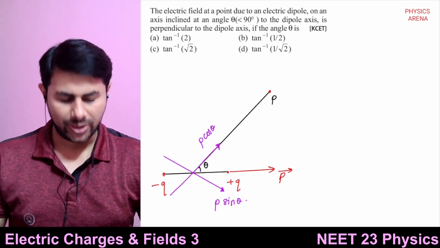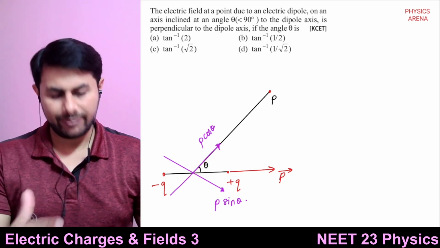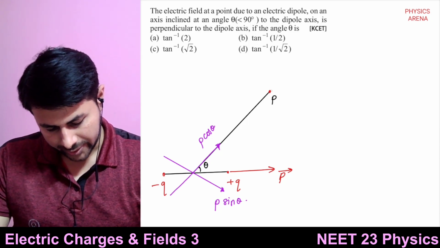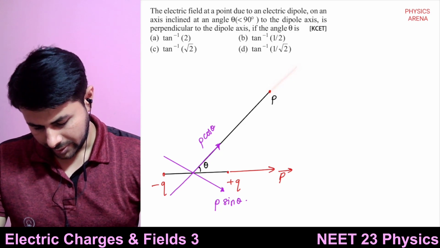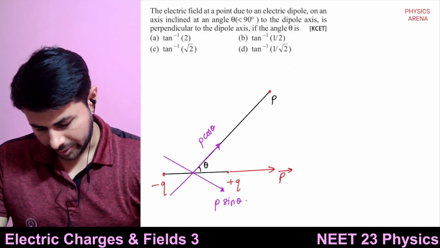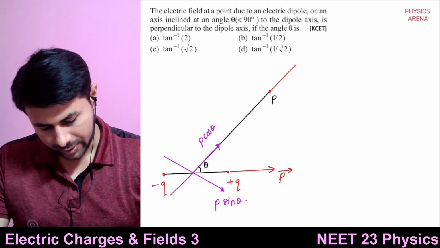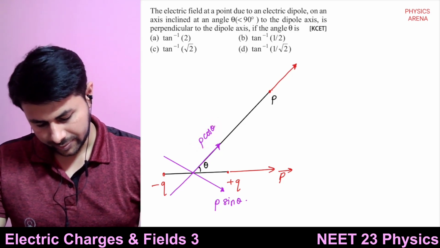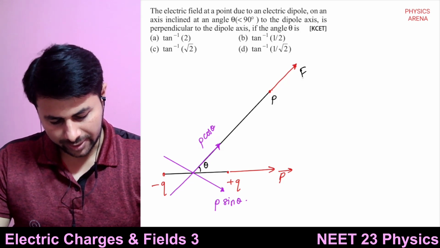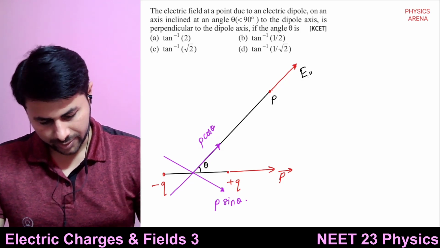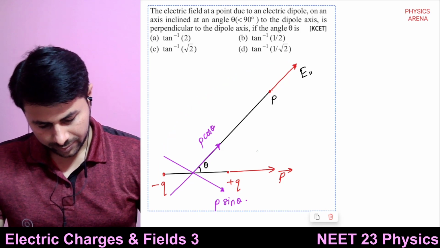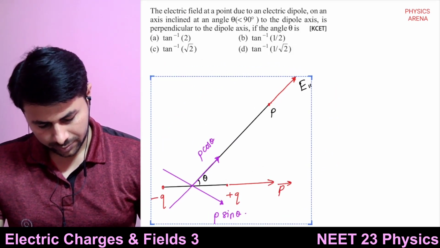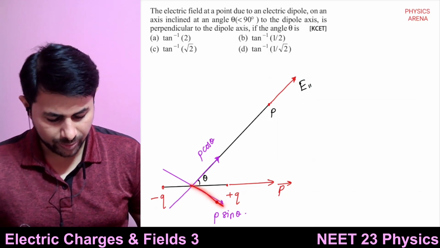For an axial point, we know the electric field is in the same direction as that of the dipole moment. So the electric field due to this component is directed like this. Let's call it E parallel. And then what about this component?